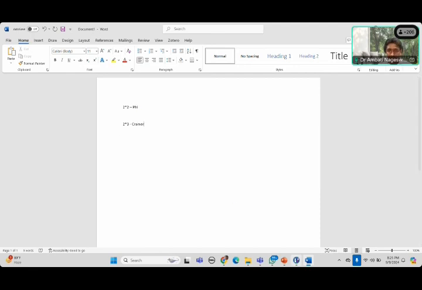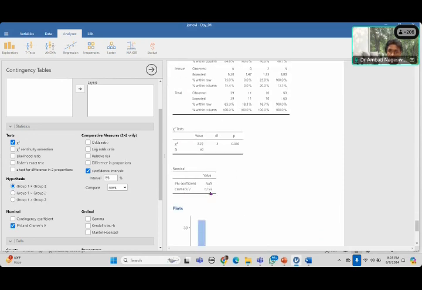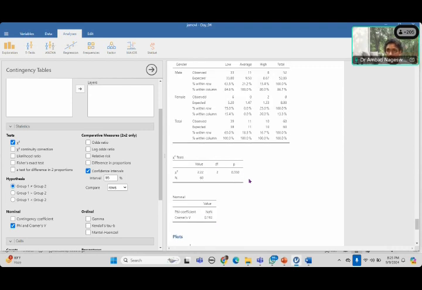Right now, if you look at our data set, this is called 2 by 3: male, female is 2, and low is 1, average is 2, high is 3, the number of categories that we have. So we are going to take Cramer's V value. Cramer's V is basically talking about effect size. I'll talk about what effect size is.